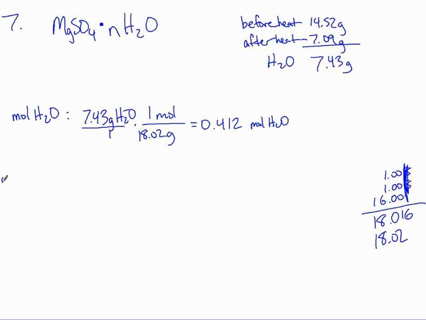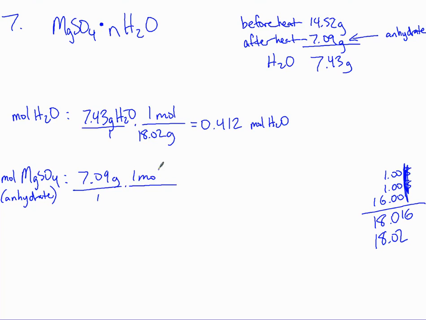The other one we're looking at is moles of MgSO4. And I'm going to specify here, this is the anhydrate, which means without water. That's this one. The leftover crystals after the water's gone. This is my anhydrate. So I'm going to start with 7.09 grams, changing it to moles.